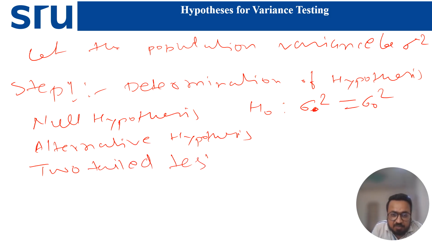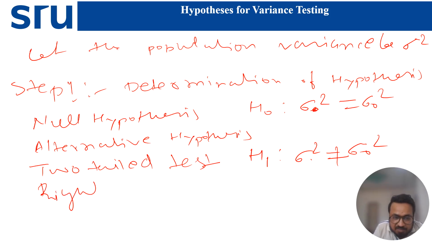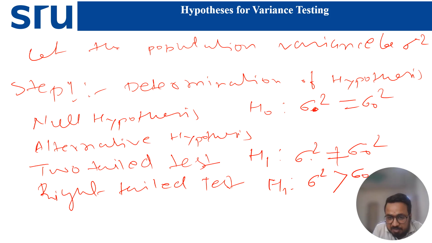If it is a two-tail test, then the alternative hypothesis H1 will be just the complement of this one, that is, sigma square not equal to sigma naught square. If it is a right-tail test, then H1 will be sigma square greater than sigma naught square.